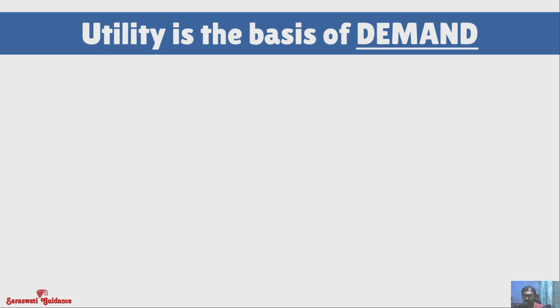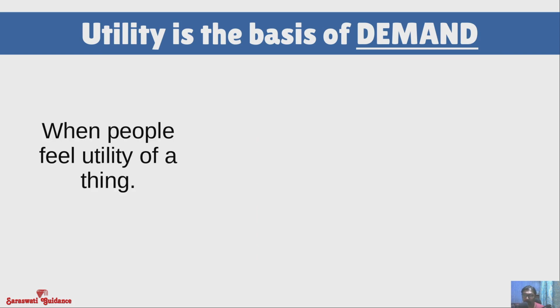Okay, last one. Utility is the basis of demand. When people feel utility of a thing, for example, when people feel some sort of want, they want to satisfy it.